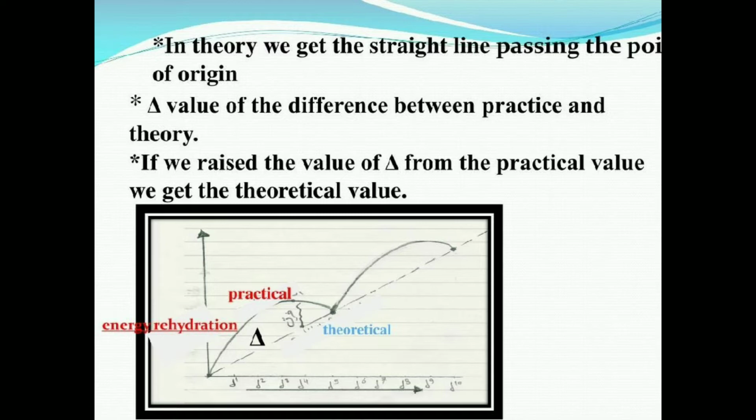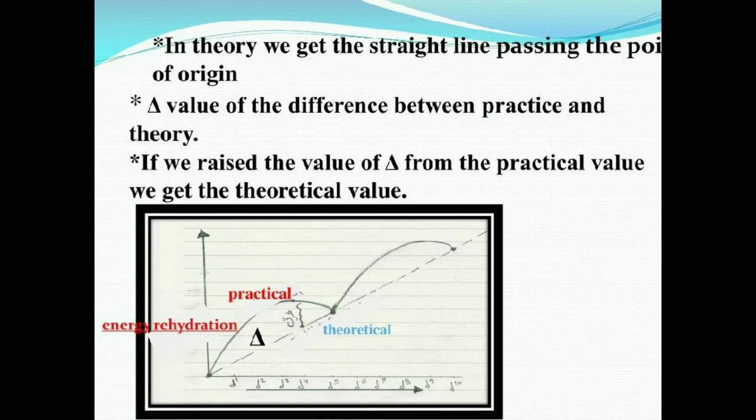So in the theoretical way, if you plot this graph, it will be a straight line passing through the origin. And if you go through the practical way, then the graph will show you the rise of a hump at d3 and at d8, and also the value of delta increases from d1 to d3 and decreases from d3 to d5, again increases from d5 to d8 and decreases from d8 to d10.